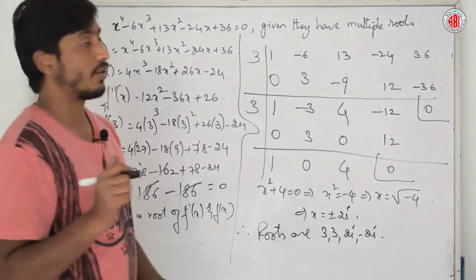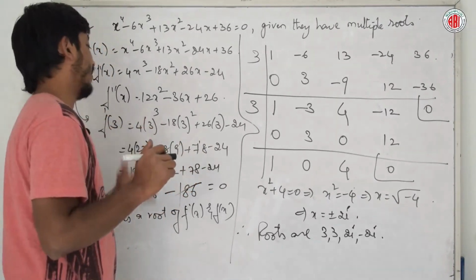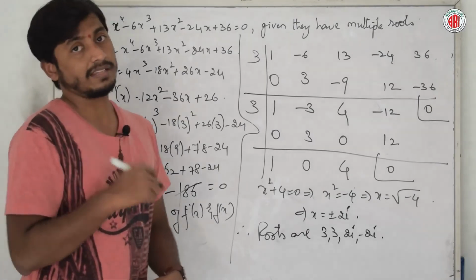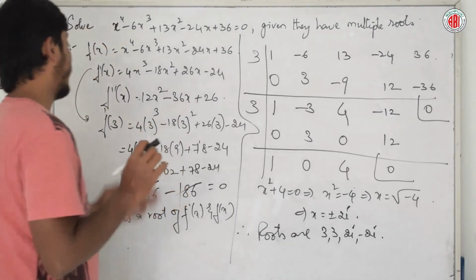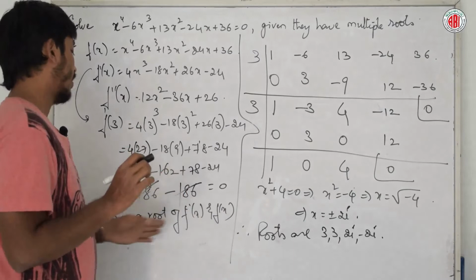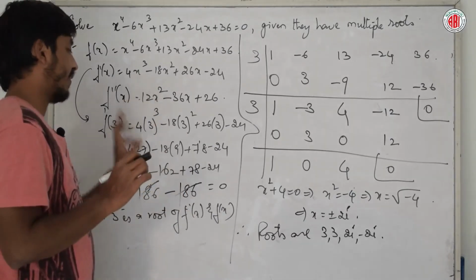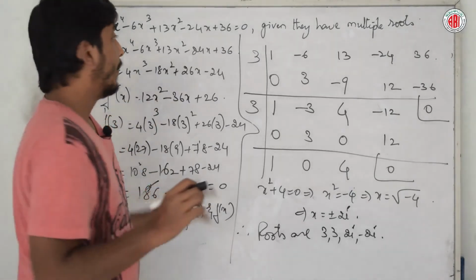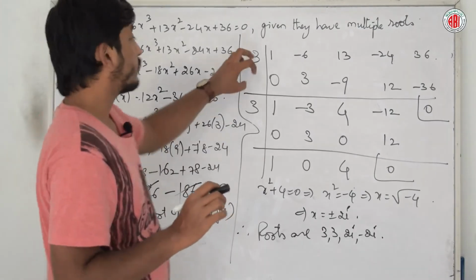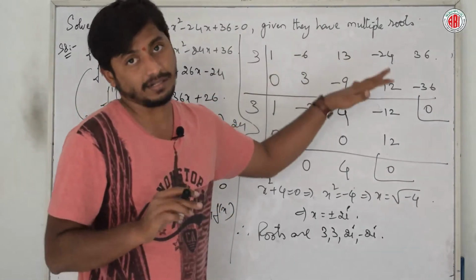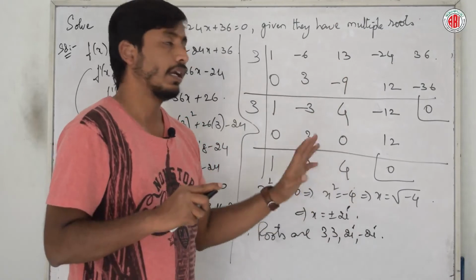The better route is the trial and error method. We'll substitute all the values from minus 3 to 3. Here we find that 3 is satisfying it, so 3 is a root of this f of x and f dash x.